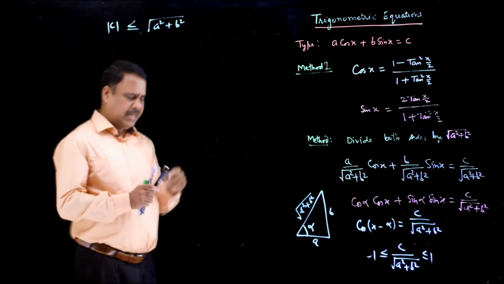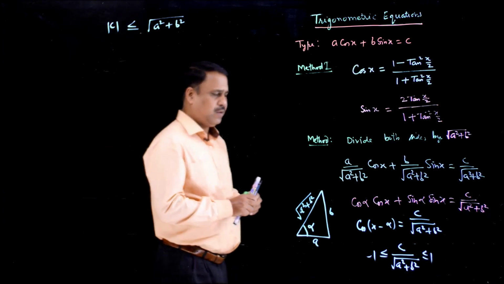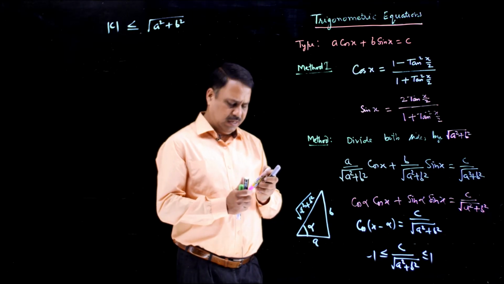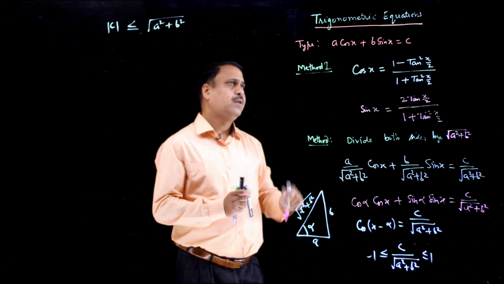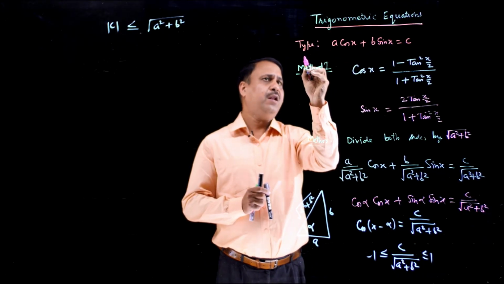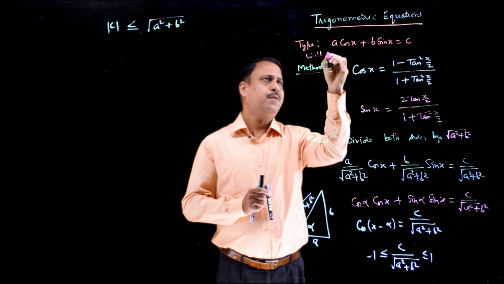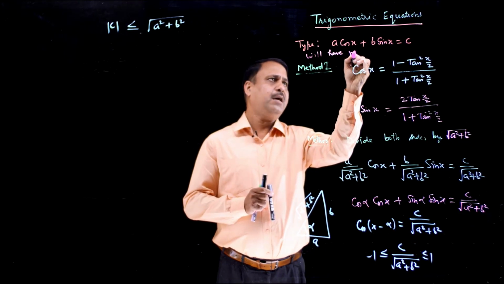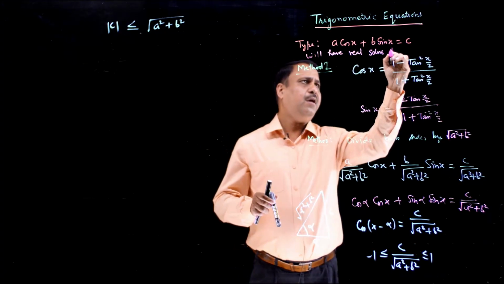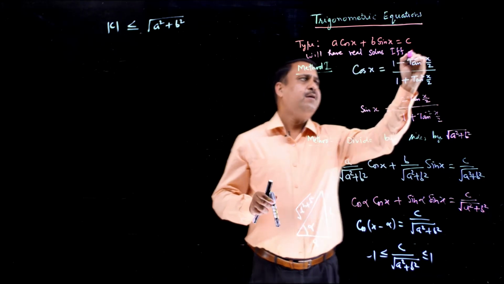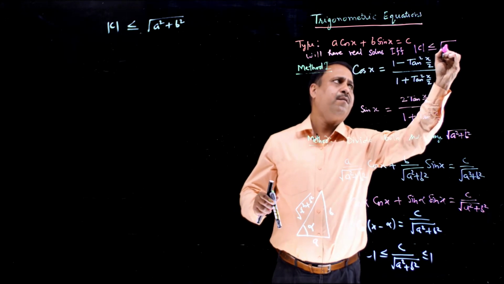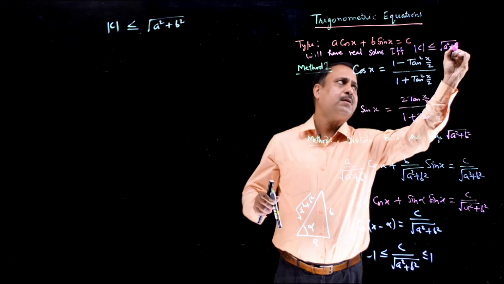In other words, this equation will have real solutions if and only if mod c is less than or equal to under root of a square plus b square.